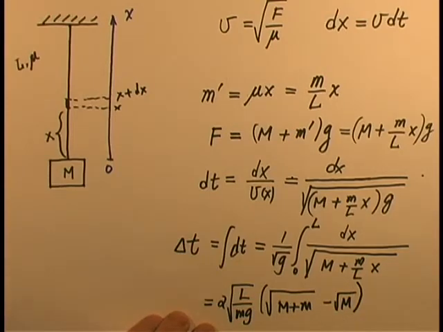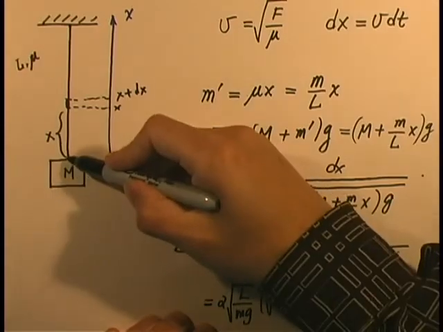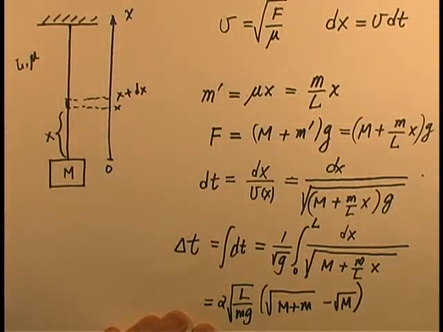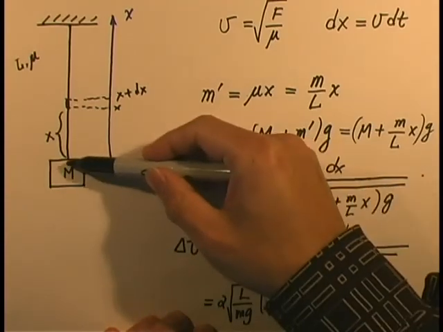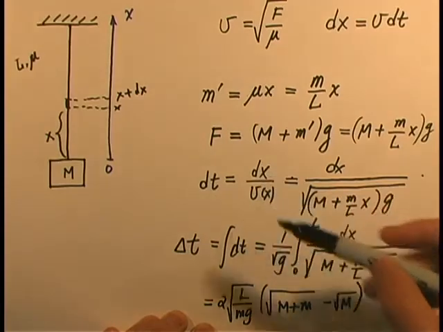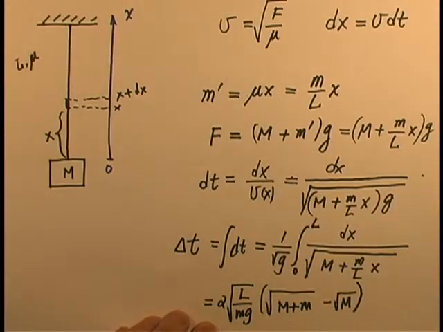So this is how we find the time it takes for the wave to travel from here to there. And again, the key here is to realize that the wave speed varies. It actually increases as it propagates upward. So therefore you have to solve for dt equals dx over v, and you have to integrate.